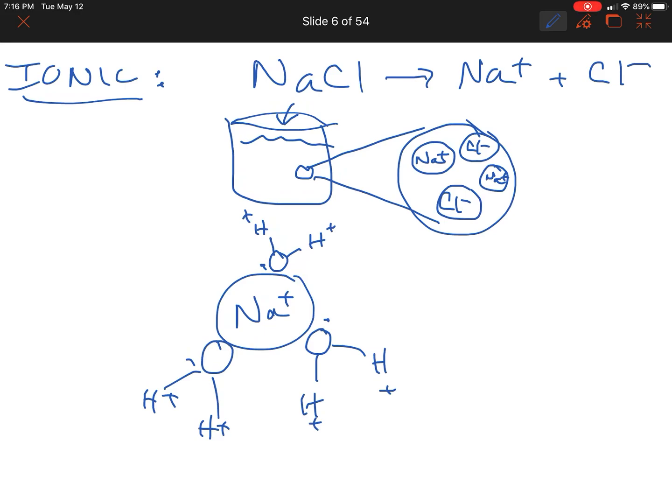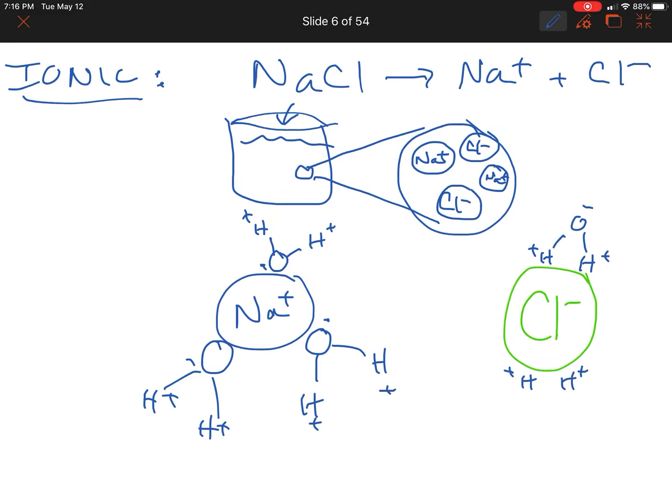Now, if we want to look at the chlorine, the opposite is going to be true. So now the water molecule, what part of the water molecule is going to line up around it? Yeah, the hydrogens. They're partially positively charged, so they really want to get near that chlorine.